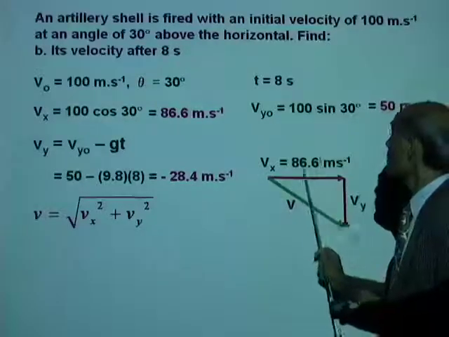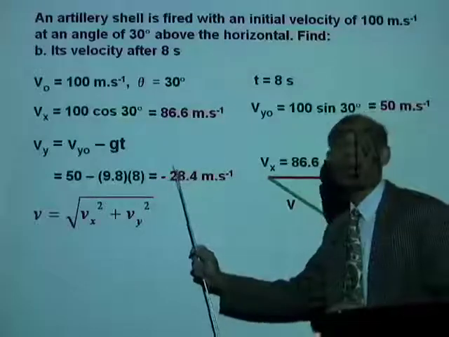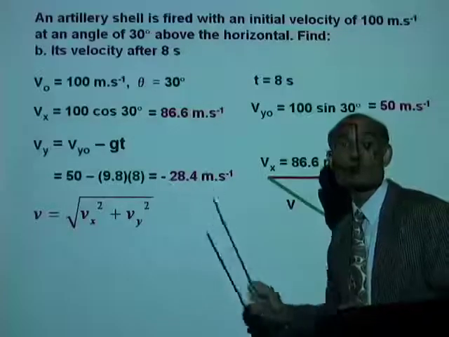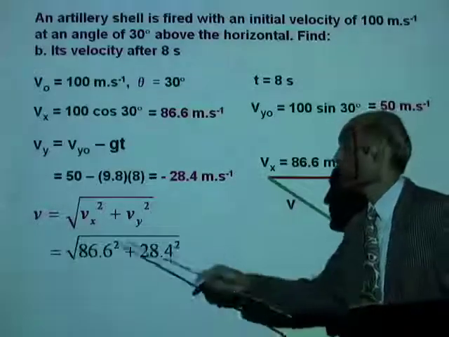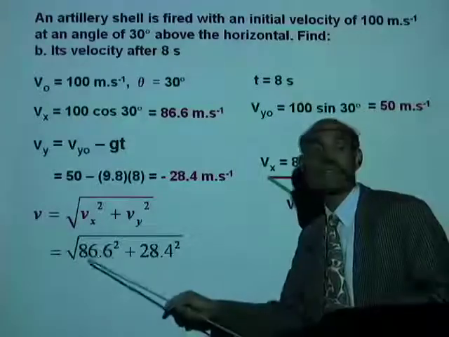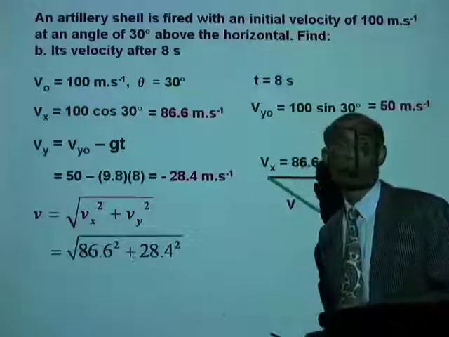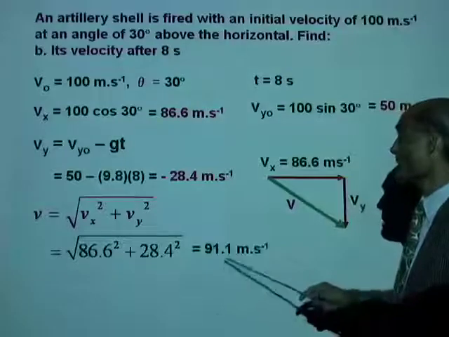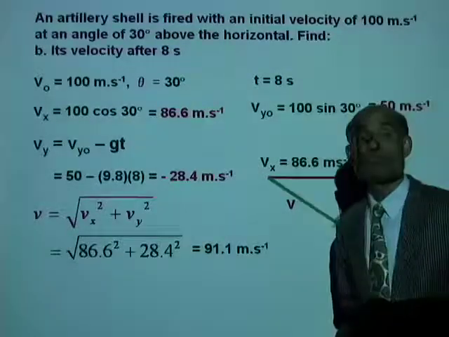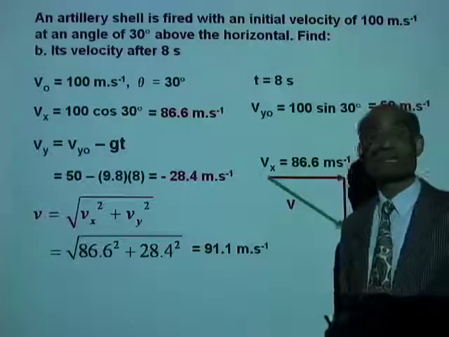Vx is 86.6, Vy is negative 28.4, and so that will be square root of 86.6 squared plus 28.4 squared. That is 91.1 meters per second.